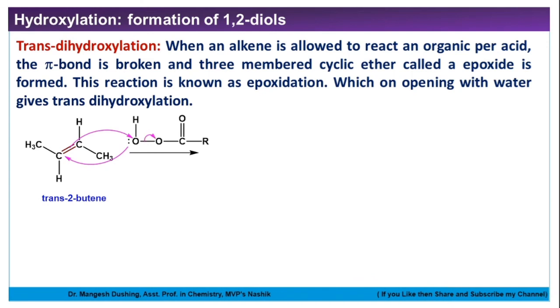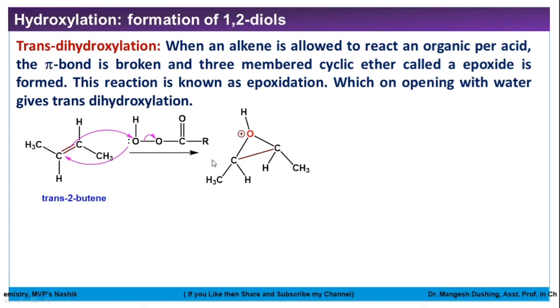This bond breaks and the carboxylate ion leaves. Now with electron loss, the oxygen will have a positive charge. Like this, we get this cyclic oxonium ion. After deprotonation, the carboxylate ion O minus will abstract this proton. So this electron goes to the oxygen, and the oxygen's positive charge will be neutralized.